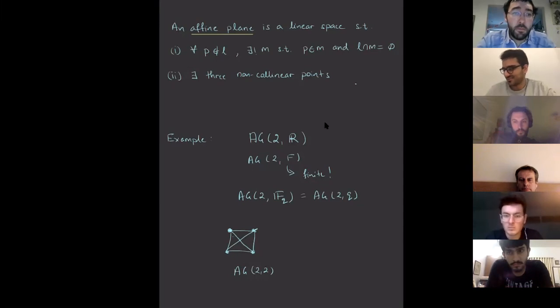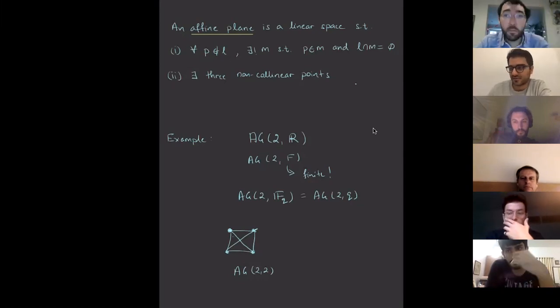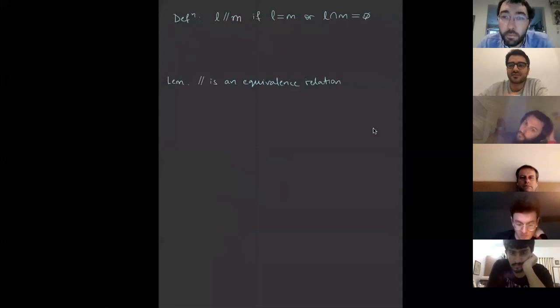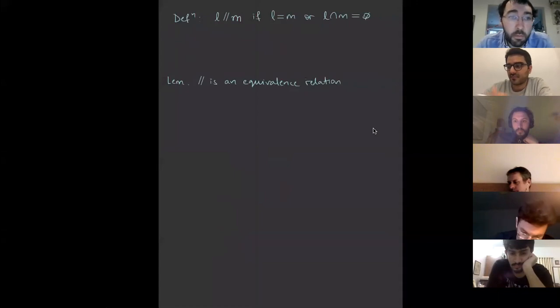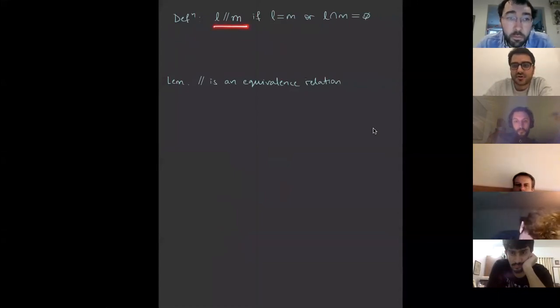So as I said, just starting from these axioms, you can actually derive a lot of structure. And one of the first things you observe from these axioms is that you can define an equivalence relation on the lines of your affine plane. So whenever you have an affine plane, you just look at this relation, which we call parallelism.